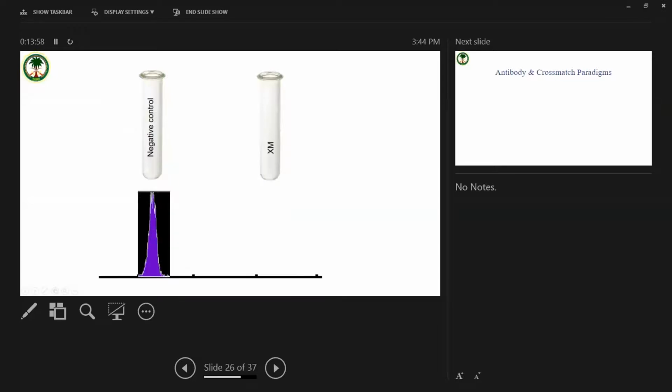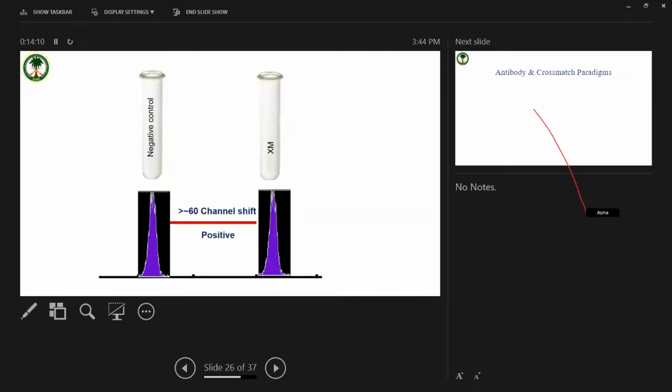The interpretation of this technique is not usually subjective, based on what you see of cell death or life, but it is based on channel shift: how far or how distinct your reaction of the cross-match between the donor cell and recipient serum is from the negative control. Usually it is interpreted based on something called median channel shift, how much channel shift away from your negative control.